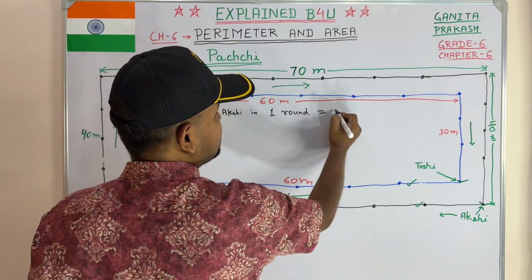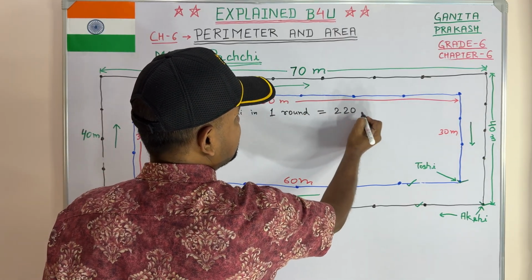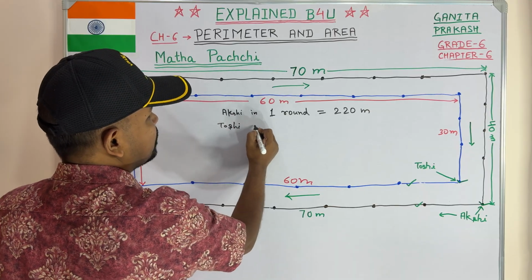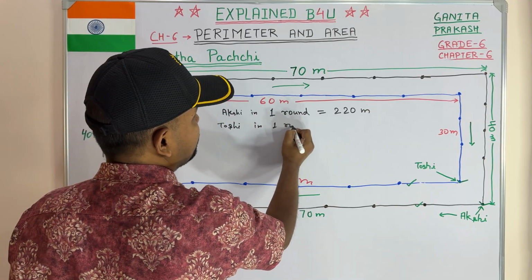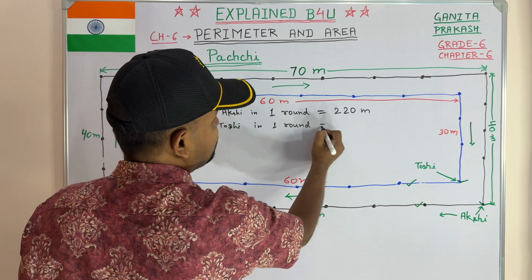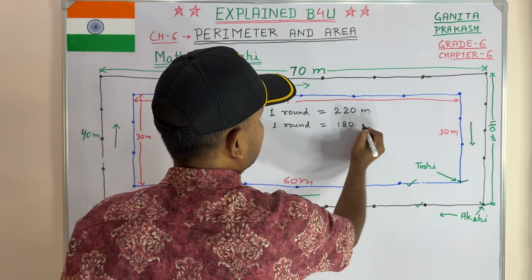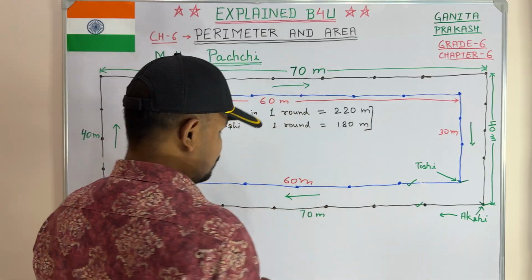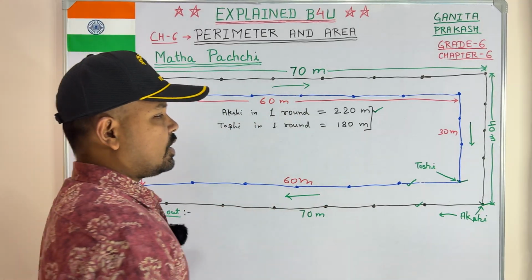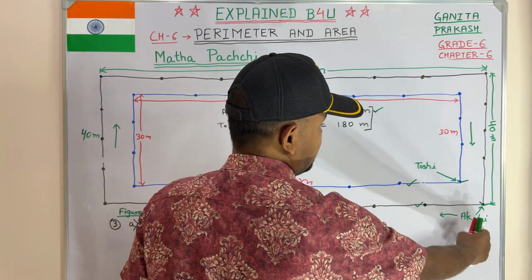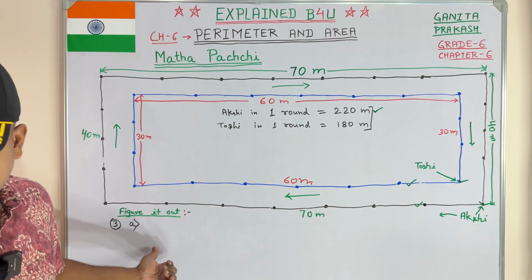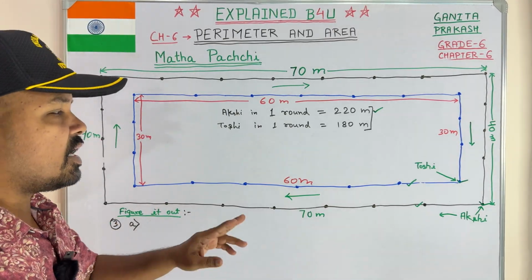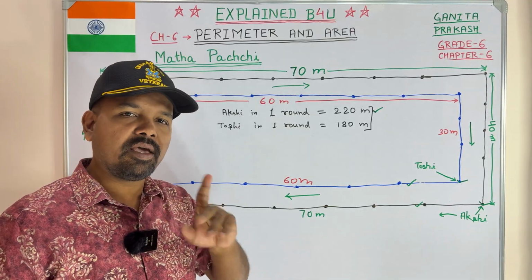We have seen previously she was covering 220 meter and Toshi in one round was covering 180 meter. So we will use this in our problem solving. Akshi is starting from here and what is the question asking? After traveling 250 meter, the point where Akshi will be, mark it as A.